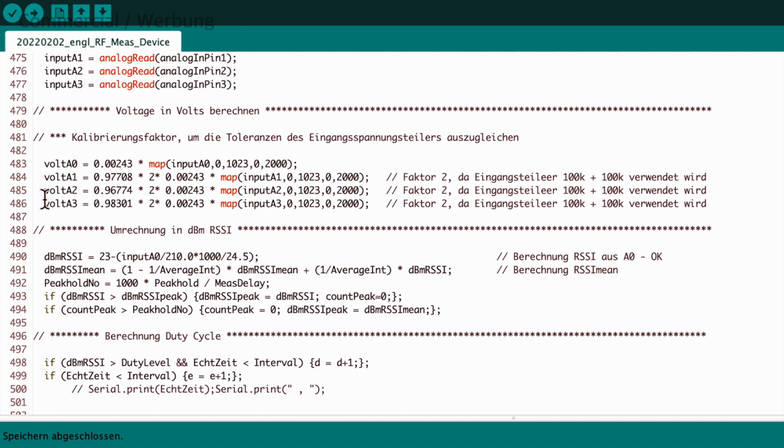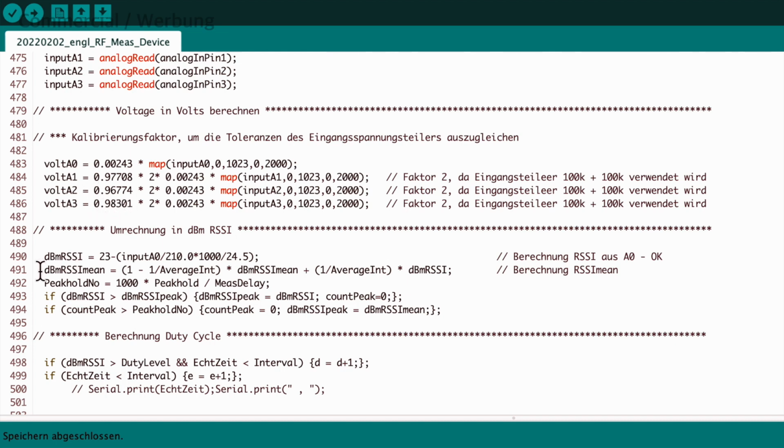Since the resistances of my voltage divider resistors are not 100% accurate, I did a calibration with the numbers you can see in the formulas. Keep that in mind when you build your own voltage dividers. You can achieve a much better voltage measurement accuracy with that calibration.